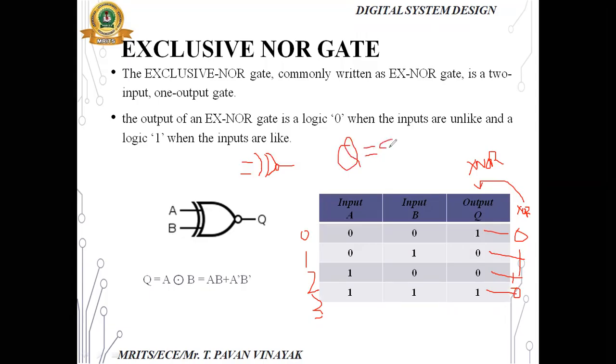Using SOP, sigma where ones are available: 0 and 3. So sigma 0, 3, that is equal to, in terms of pi, pi of 1, 2.